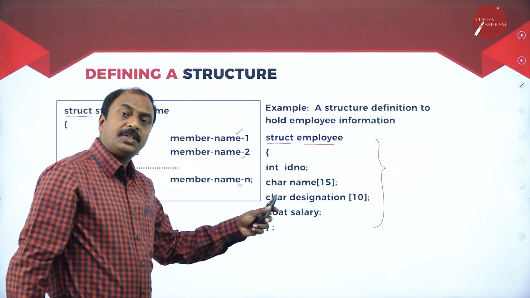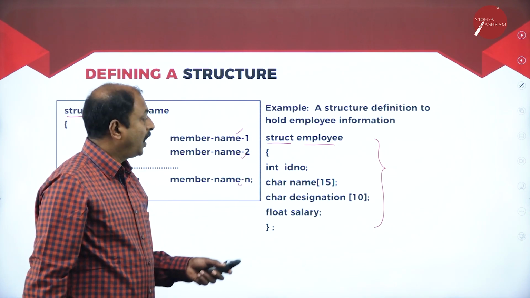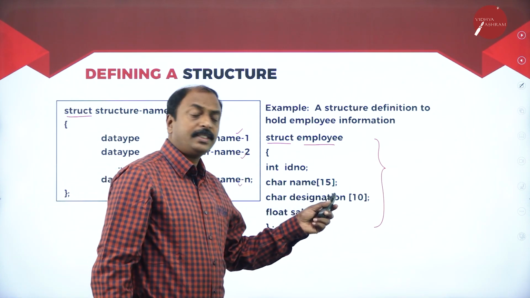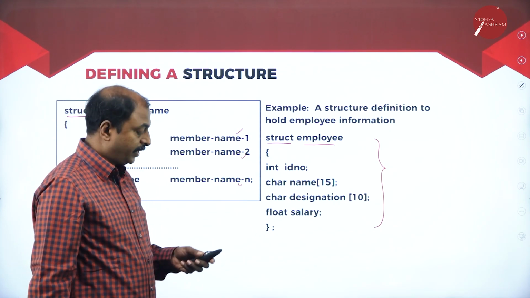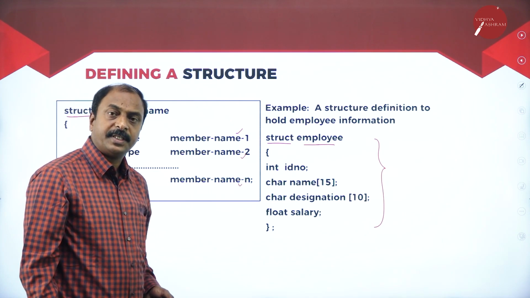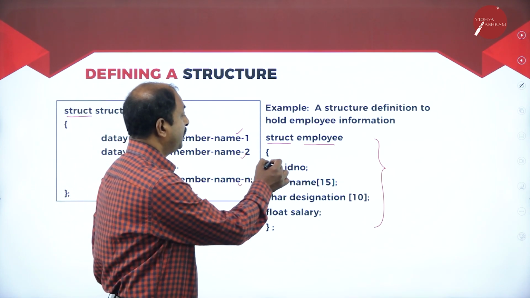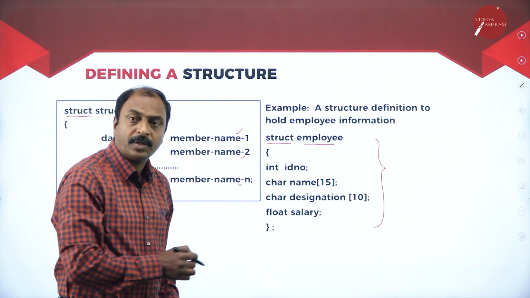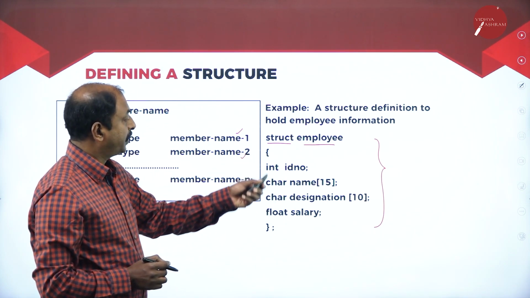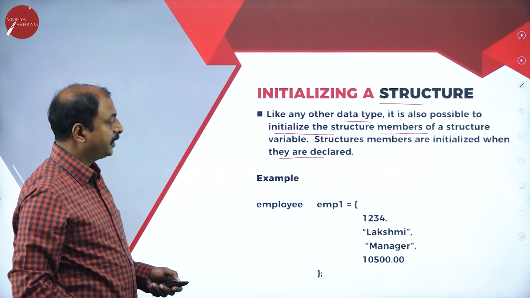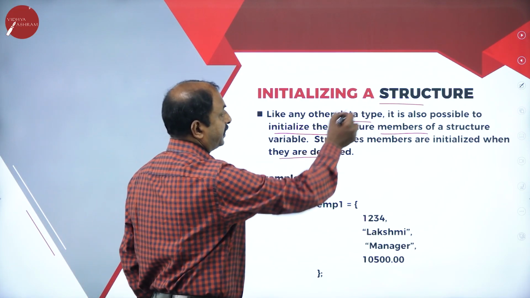Now how do we initialize the structure? Or, nothing but, how do we assign values to these data members of a structure? That is the meaning of initializing a structure. So we have to initialize the values in the same order as we have defined in the structure. So here is the example for initializing a structure.